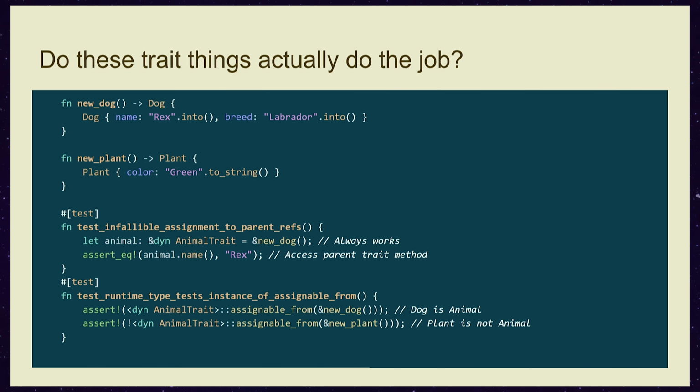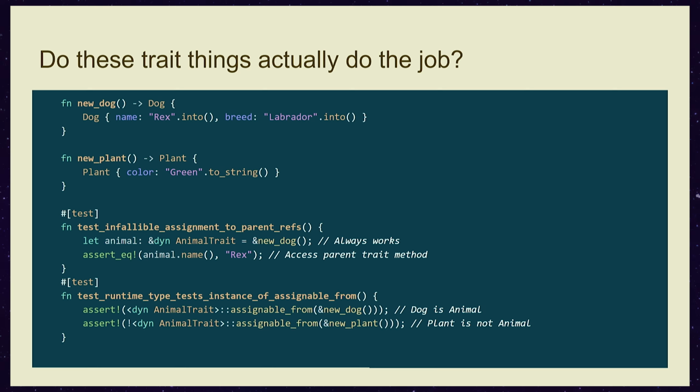Okay, so here is the use cases that we laid out in the beginning. So yeah, the assignment from a dog to an animal works always, and is infallible. You can access the fields. I said that. I added to the types disassignable from functionality.